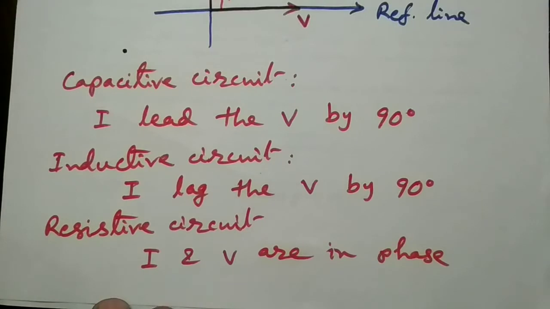So this is the behavior of three different elements with the alternating voltage.